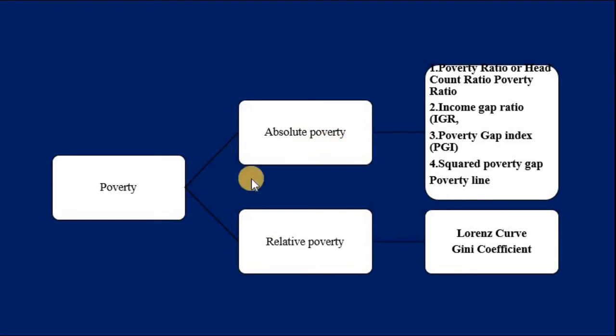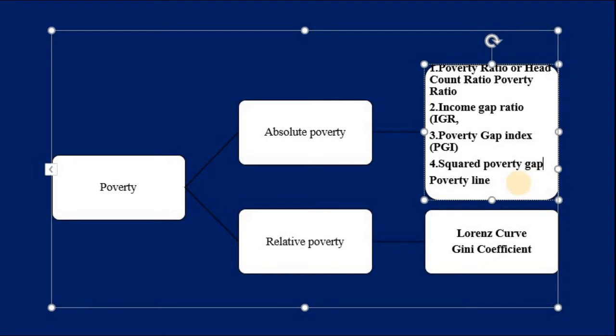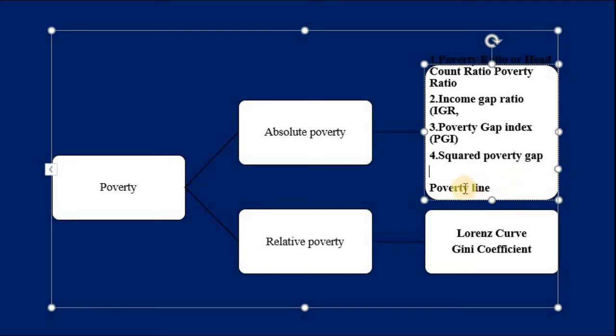In absolute poverty, we have different methods to measure: poverty ratio, head count ratio, income gap ratio, poverty gap index, and squared poverty gap, and at last one other, that is the poverty line.